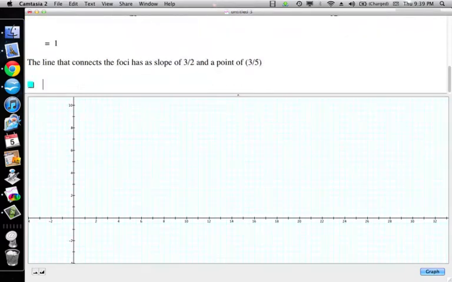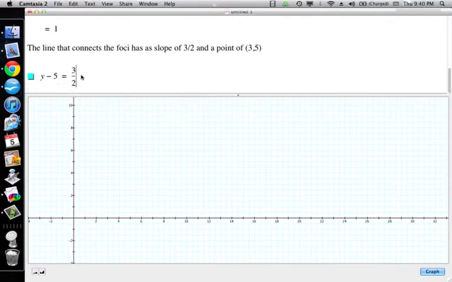So let's graph that. y minus 5 is equal to 3/2 (x minus 3). That should be a comma, by the way.